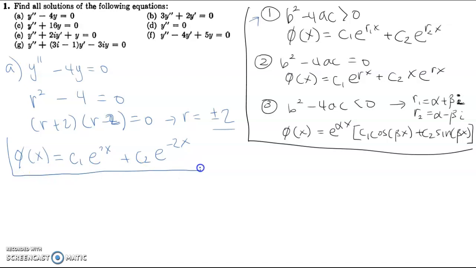And please assume that all of our c1s and c2s as part of our answer set for all of these problems are going to be constants.